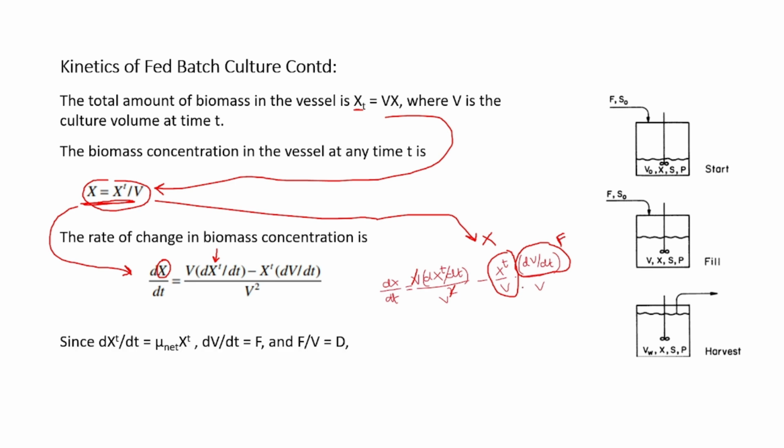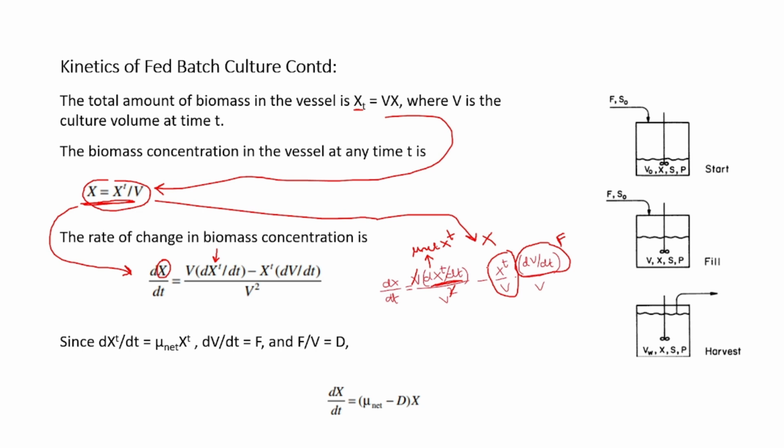So what will be the expression? And one more thing, dXt/dt, this we have already seen in our previous lectures. This is actually mu net into Xt in exponential phase. So if we substitute all these values, we get dX/dt is equal to mu net minus D, whole into X. Why whole into X?